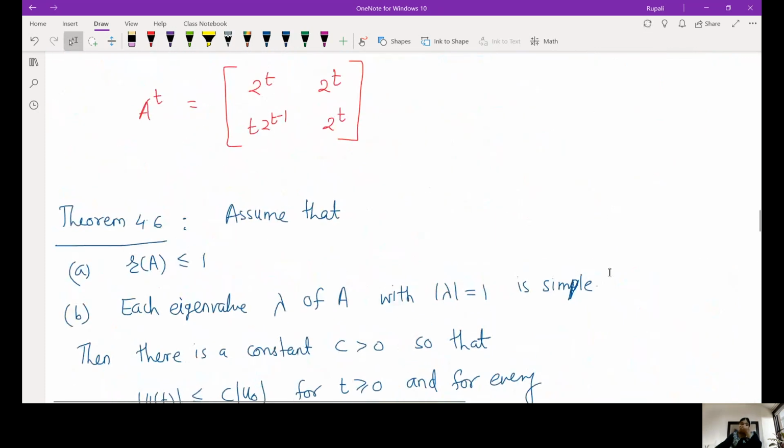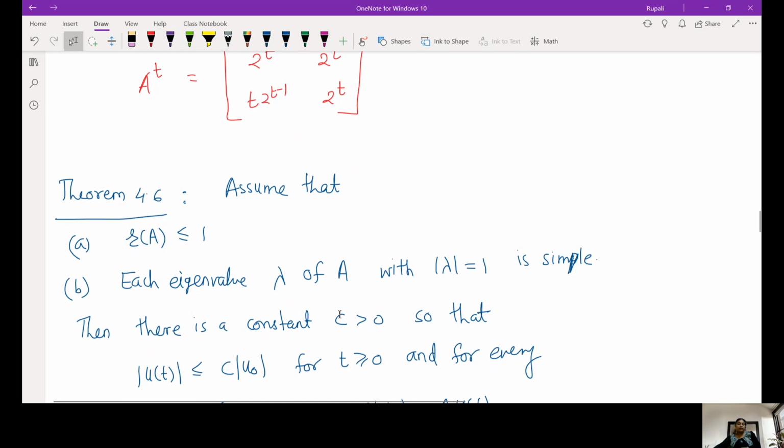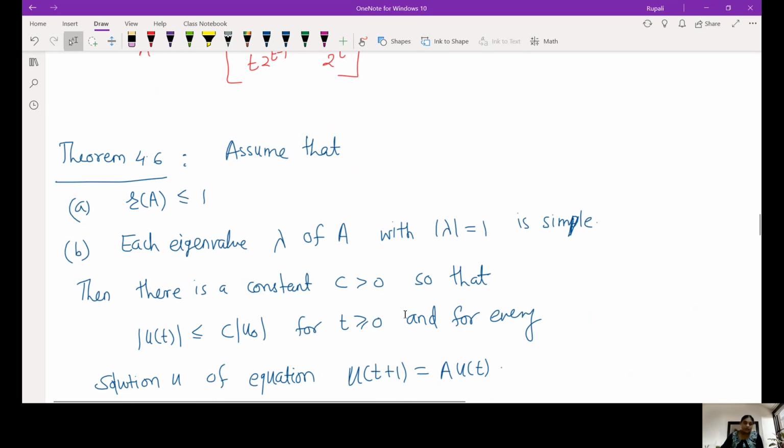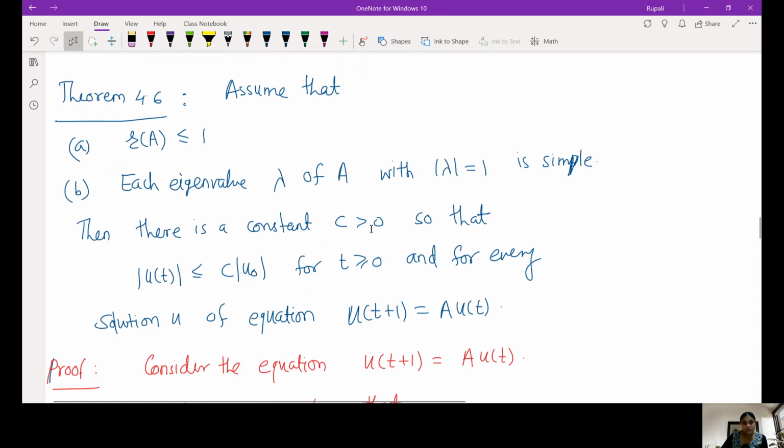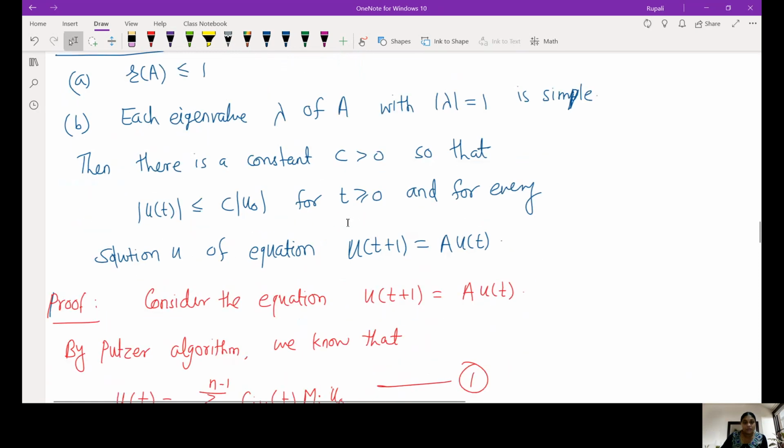If the spectral radius of A is less than or equal to 1 and each eigenvalue lambda of A with |lambda| = 1 is simple, then there is a constant C strictly greater than 0 so that |u(t)| is less than or equal to C times |u0|, where u is the solution of the equation u(t+1) = A u(t).